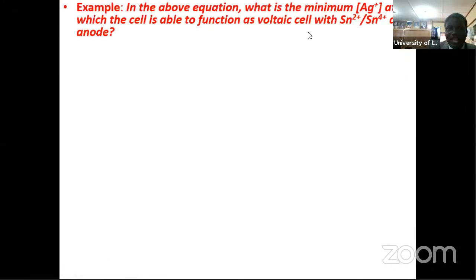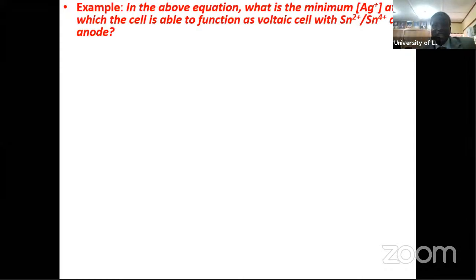There are so many other examples. I'm not sure we can begin to go through all of them. But if you look at this example here, it says in the above equation, that equation we have just dealt with, what is the minimum Ag+ concentration at which the cell is able to function as a voltaic cell with Sn2+/Sn4+ as anode?